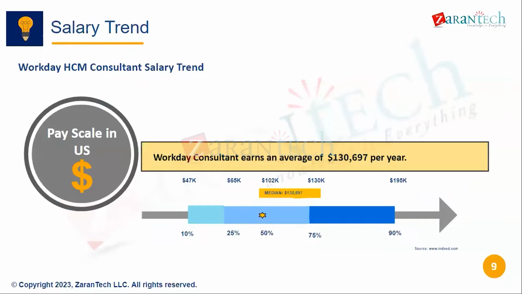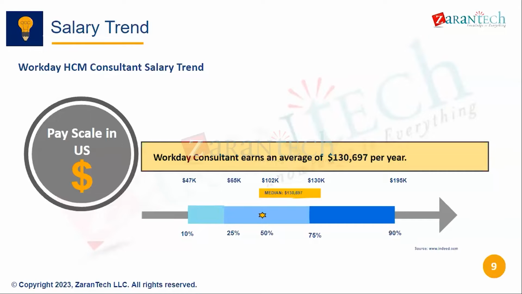So what I was stating is how the range goes on. If you see a US basic salary, it is basically 47K up to a max of 200,000 US dollars based on the experience and exposure that you get. The more exposure you get, the more money you will start getting, and it has a high value in the US.